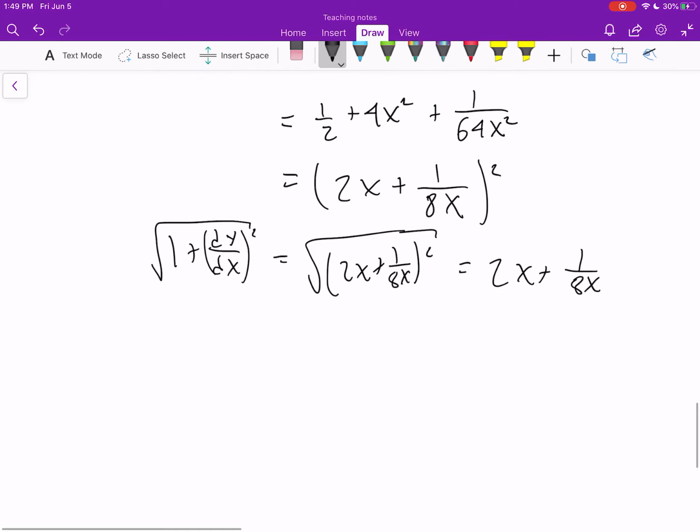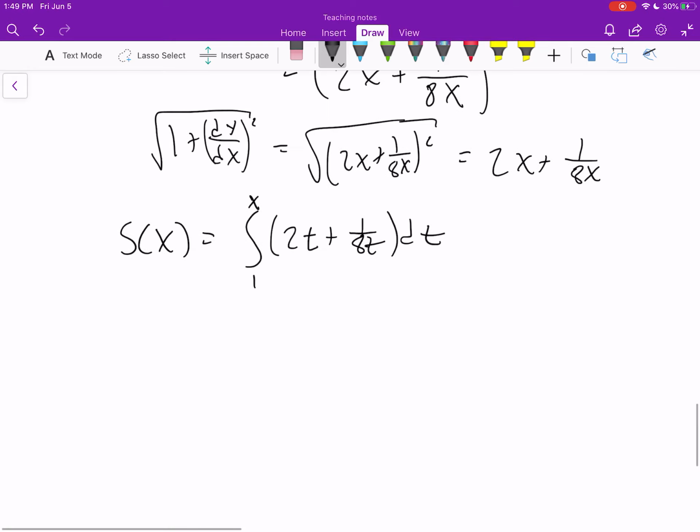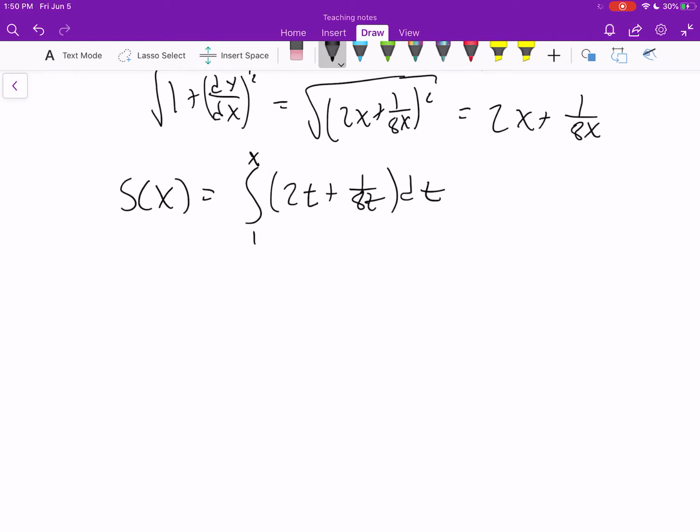So now my arc length function is going to be the integral from 1 to x. And now instead of using x's, I'm going to use t's and change my integration variable to dt. It doesn't matter here because t is just a dummy variable. It's whatever its value is, I'm going to integrate it out. And so we can do this integral now.